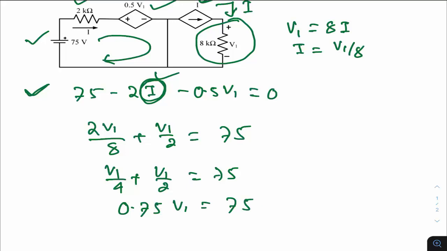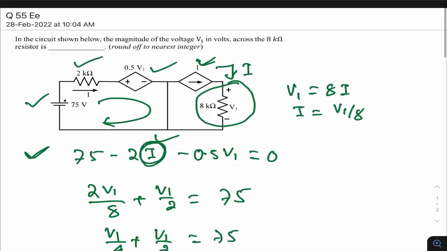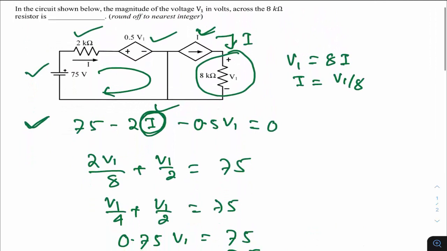V1 is 75 divided by 0.75, so naturally this is 100. Isn't it? So straight away, the answer for V1, which is the drop across the 8 kilo ohm resistor, is 100 volts. One simple KVL equation is enough to get the answer.